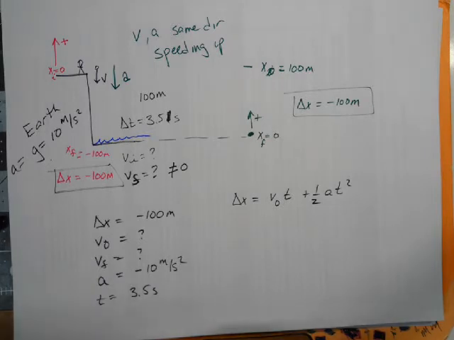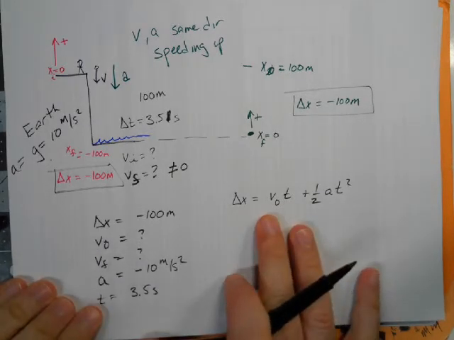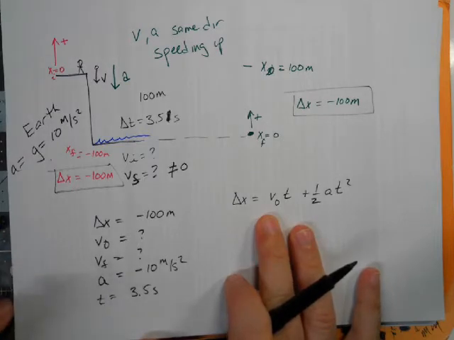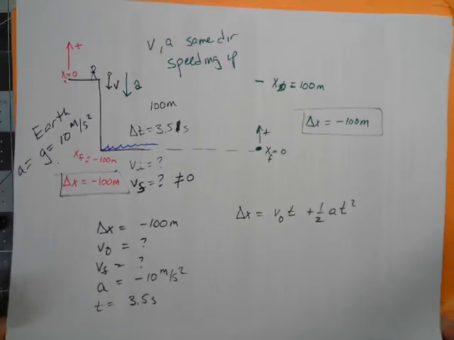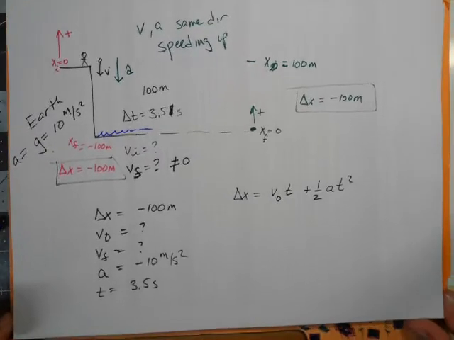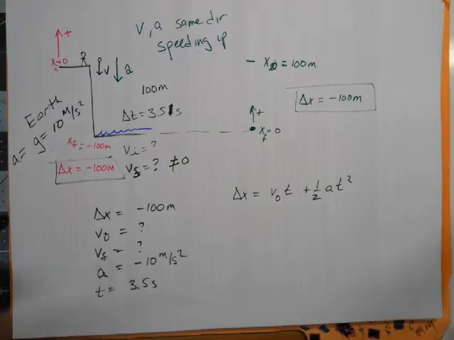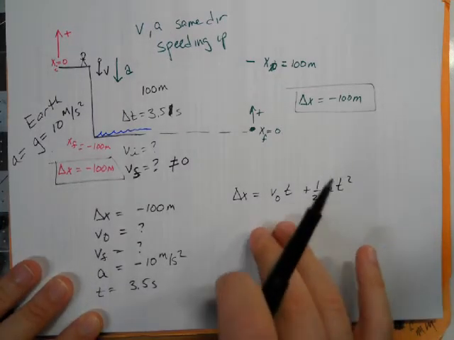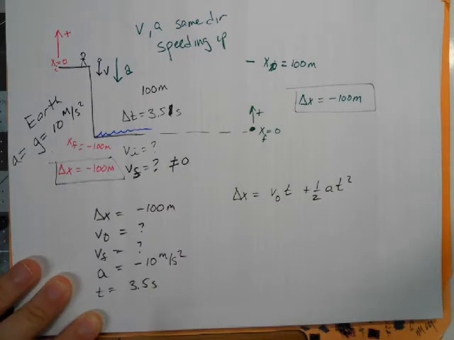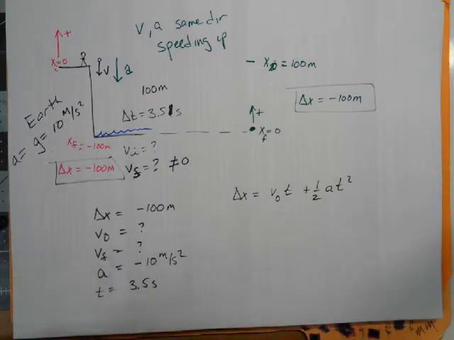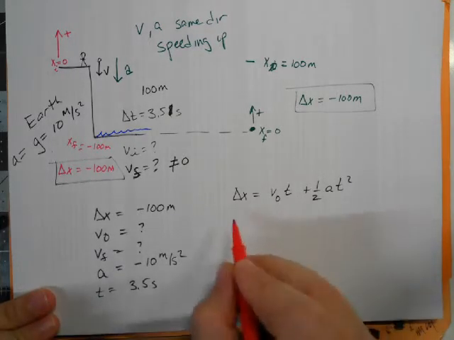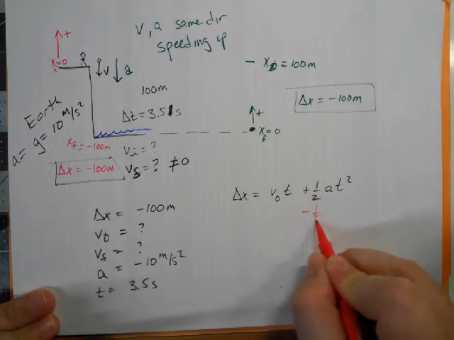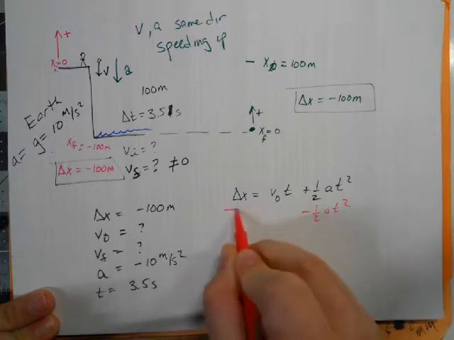But if you work with the letters, you can generally come up with general formulas that are useful, and you see how things manipulate around, and you don't make mistakes like dropping signs, because the signs don't come in until you put the numbers in. So if I rearrange this, what I'm going to do is isolate the initial. So I'm going to subtract 1/2 a t squared.